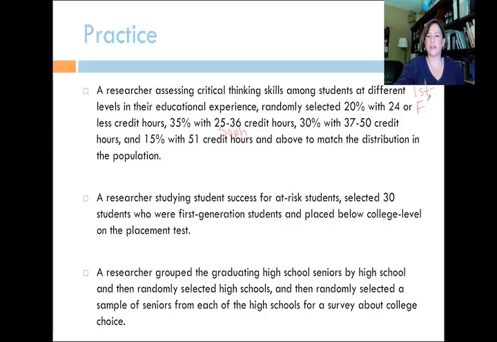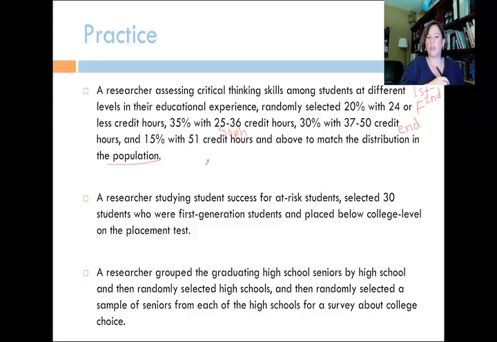These could be first or second semester freshmen with the number of credit hours we typically find in community colleges. 30% of the sample with 37 to 50 credit hours. So these people are at basically the end of their sophomore year, let's say. And 15% with 51 credit hours and above to match the distribution of the population.